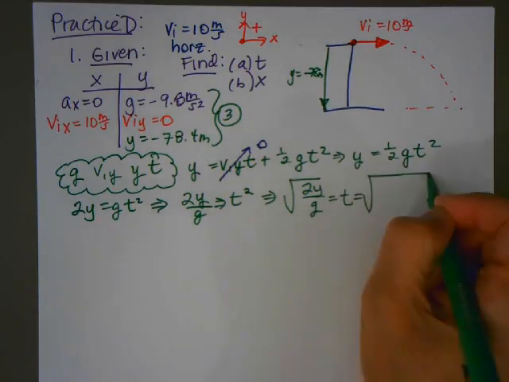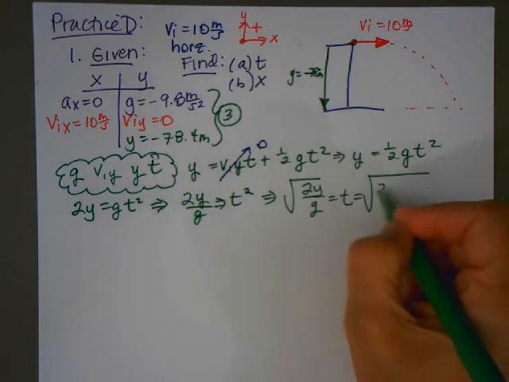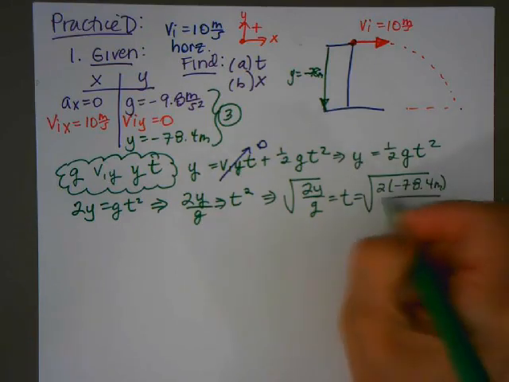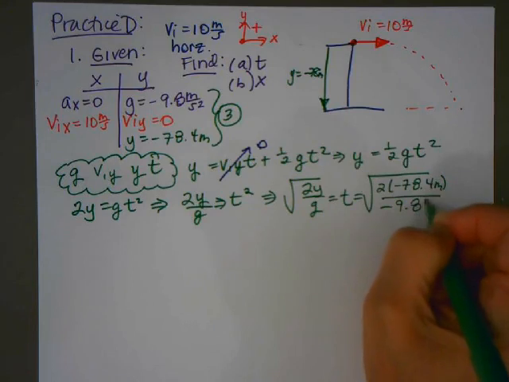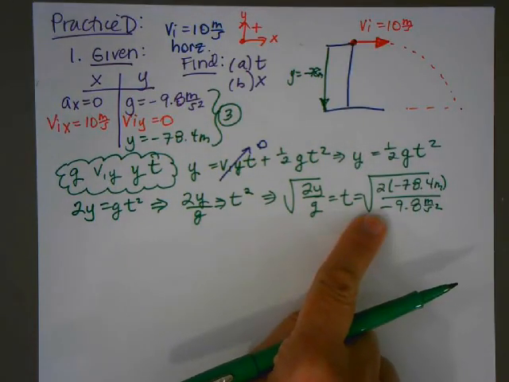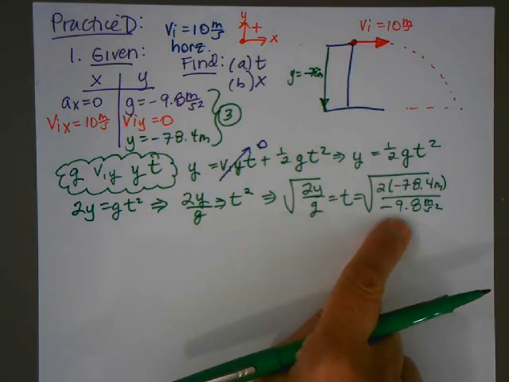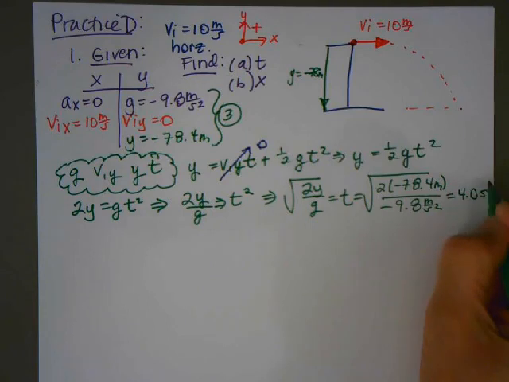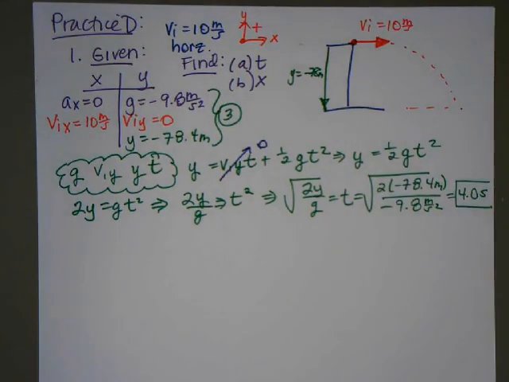So I substitute in my values. 2 times negative 78.4 meters divided by negative 9.8 meters per second squared. So I see underneath the radical, the negative in the numerator cancels with the negative in the denominator, and I end up with a positive value for time.